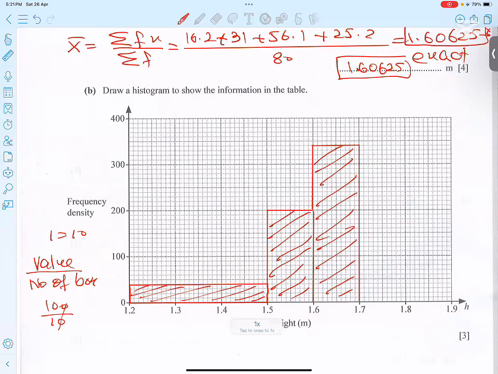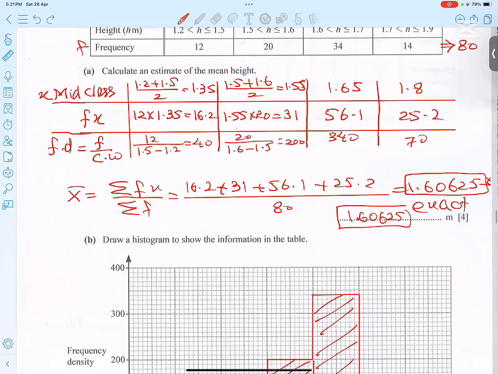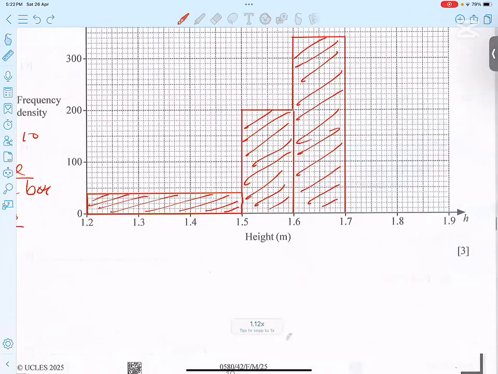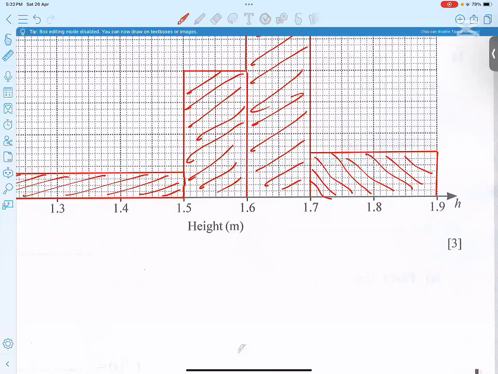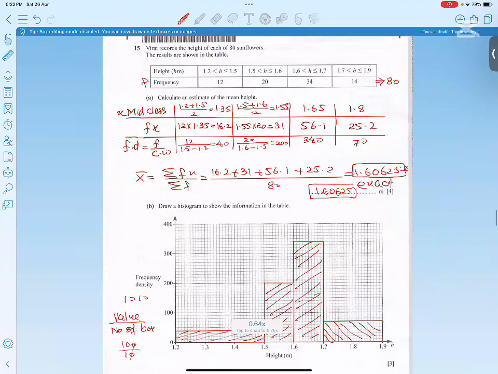Last column starting from 1.7, ending 1.9, height is 70. So height is 70, seven boxes. Okay, I'm shading in a different way, but both are clear. Alhamdulillah, I hope the concept is completely clear.